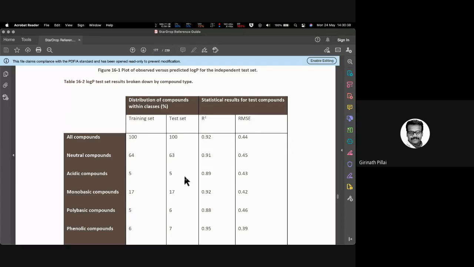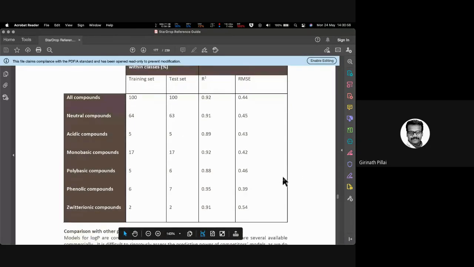That doesn't mean that the models are good. No, that does tell you whether you have to rely on that prediction or not. Don't think that a single model will work for every structure in this world. Never possible. Every year they have to improve the models, then only the coverage will increase.